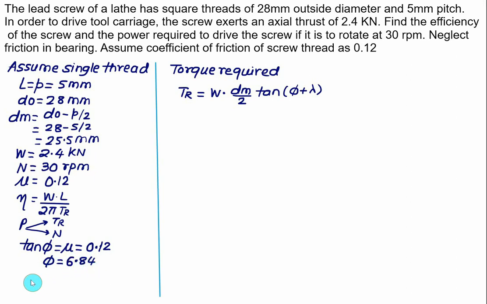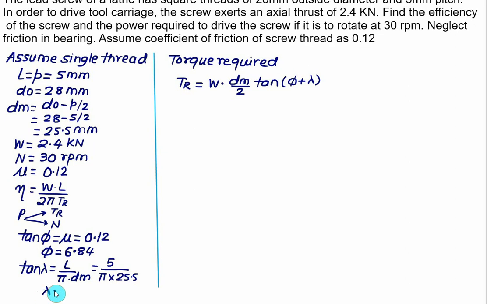Then we can find out lambda using tan of lambda, which is equal to lead divided by pi into dm. We have lead equal to pitch for single start, that is 5 divided by pi, and we have mean diameter 25.5. So lambda comes out to be 3.57 degrees. This information is sufficient to calculate TR.